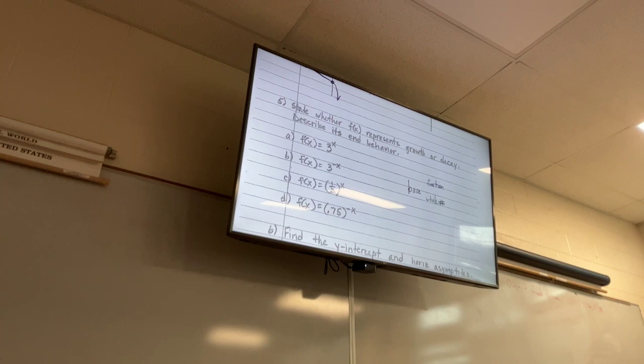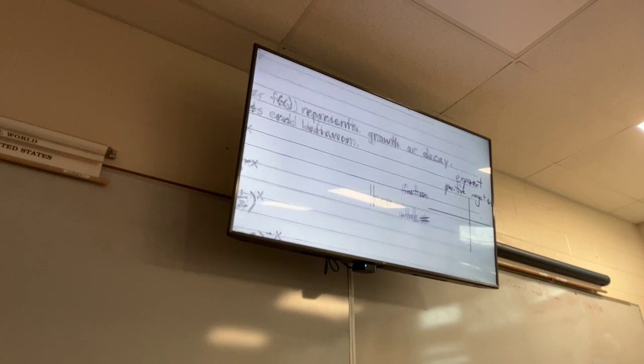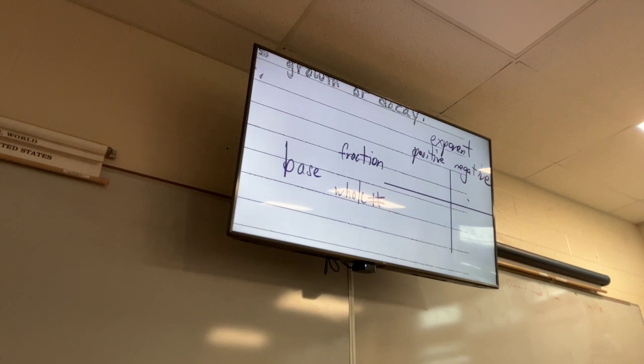And then the exponent is going to be positive or negative. Okay, if the base is a fraction and the exponent's positive, it's going to decay. It's going to be an exponential. I'll write this in a different color. It's going to be decay.